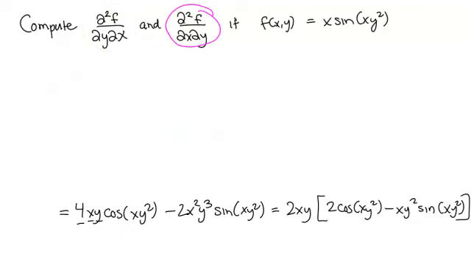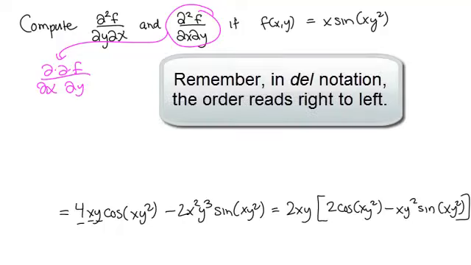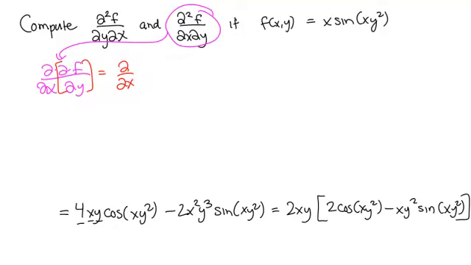One to go. So remember, to interpret this guy, we're going to write it as del squared f over del x, del y, and then we'll parse it, reading from essentially right to left. So this is going to be the partial derivative with respect to x of the partial derivative with respect to y of the function x times the sine of xy squared.